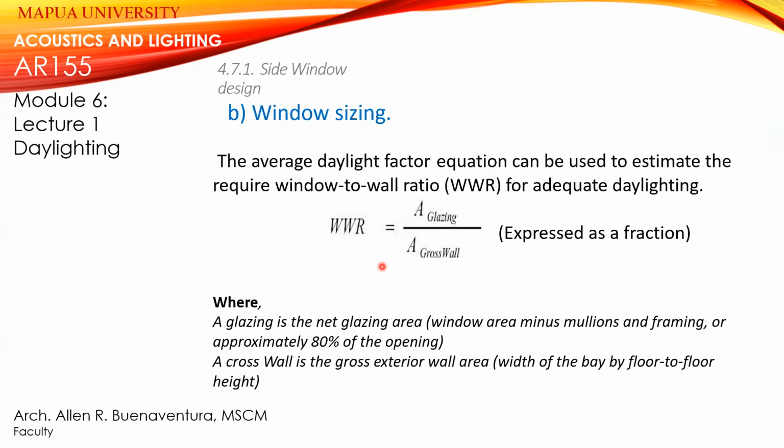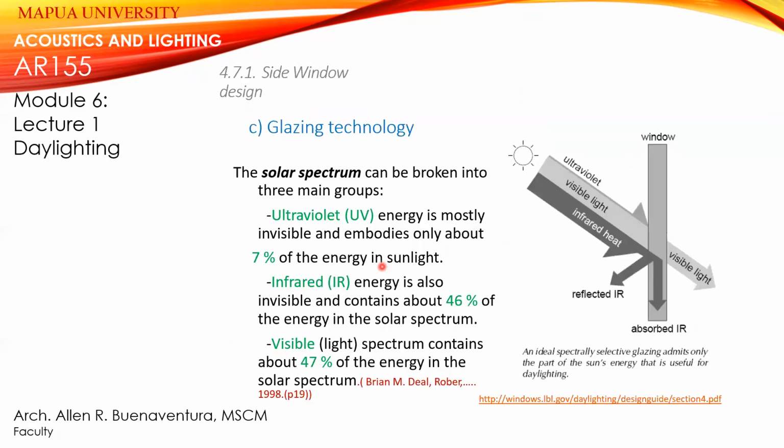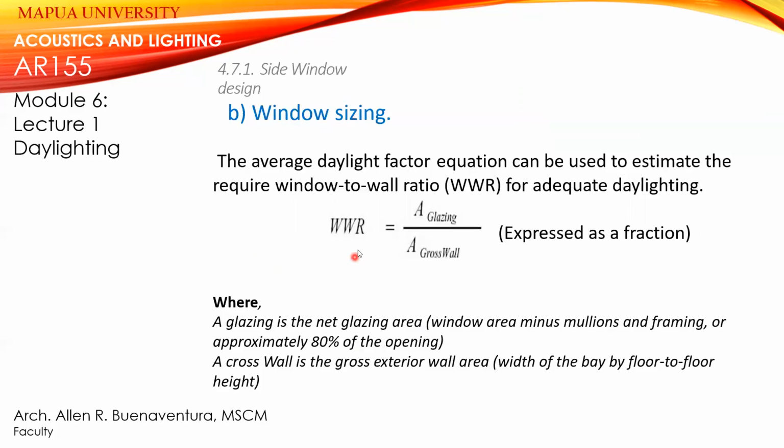The gross wall is the gross wall area, width of the bay times floor height. So this is the way to calculate the window sizing. You need to create enough space to let the daylight penetrate inside the room. Small windows are used in arid or hot areas.